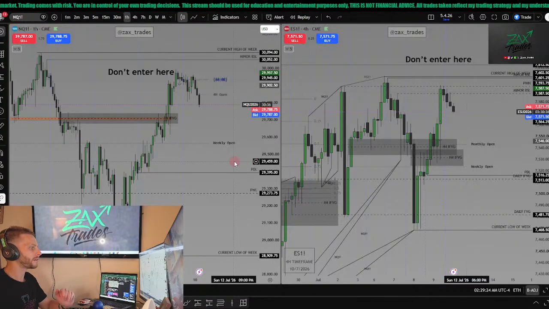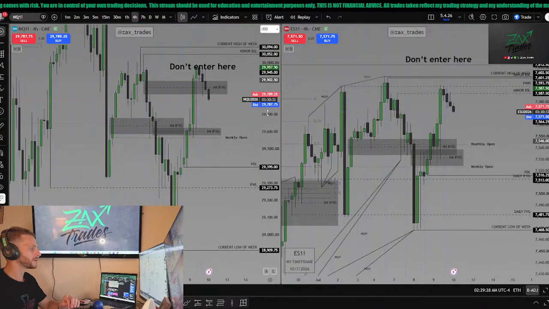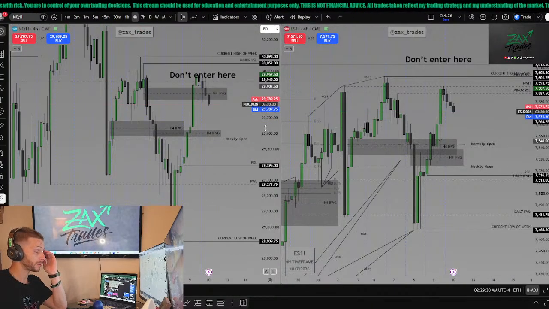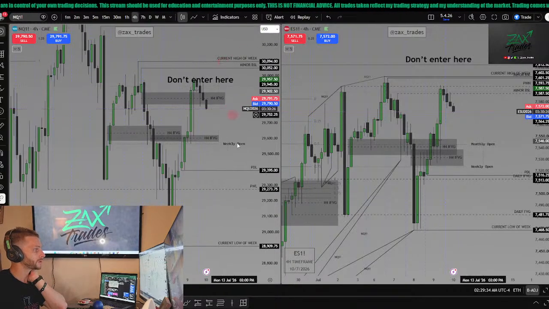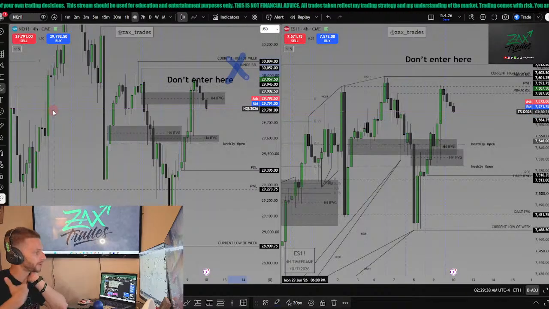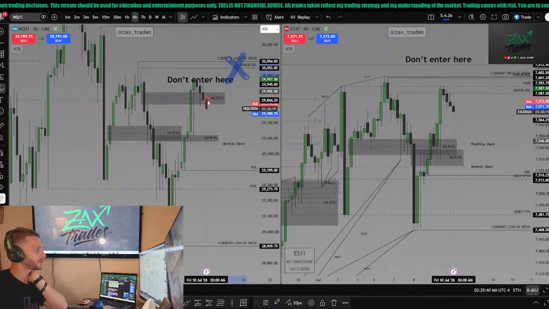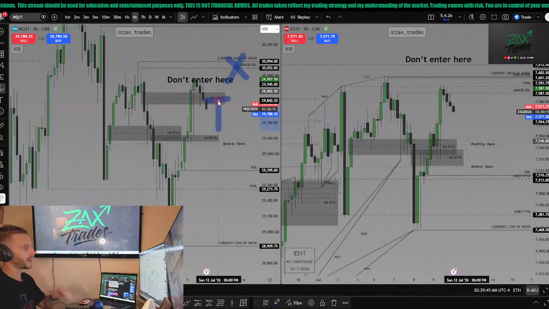This is a way that I have learned to help me strategize and time the market. If the market is going to deliver up here to these highs, in my opinion, I want to see some sort of manipulation happen.